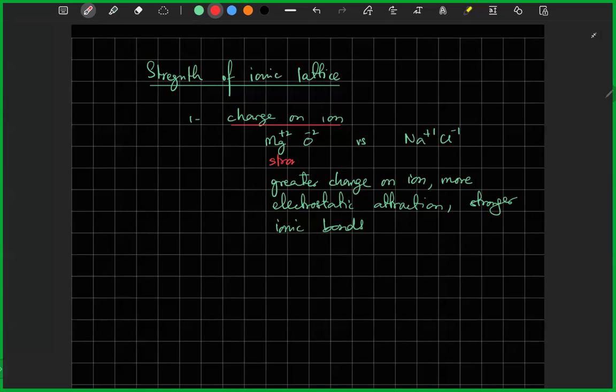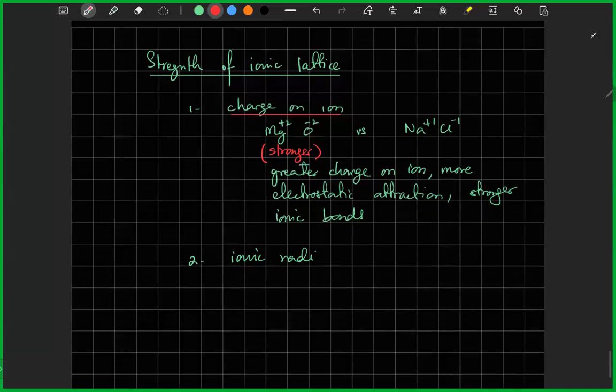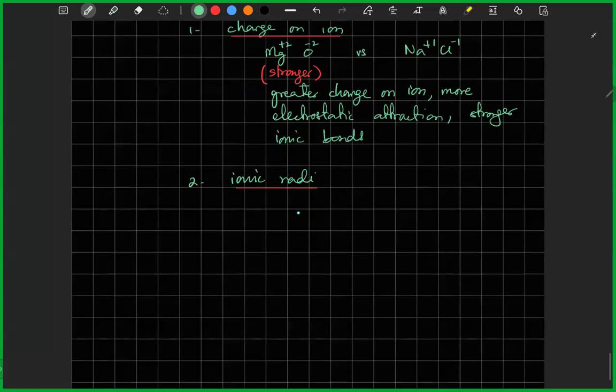एक और factor भी जिस पर depend करता है वो, ionic radius? Yeah, that's ionic radius, right? Because I told you earlier as well कि the smaller atom, or the smaller ion, is the one that's going to make the stronger bonds, ठीक है? So the second factor happens to be the ionic radius. अच्छा तो उसमें क्या है कि smaller ions, they're more tightly packed, they're closer to each other, so that leads to more attraction.